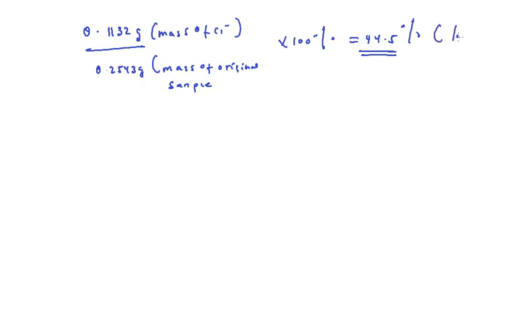That is the percentage of chloride ion in a sample. So this is how we do the calculation of the gravimetric analysis of chloride salt.